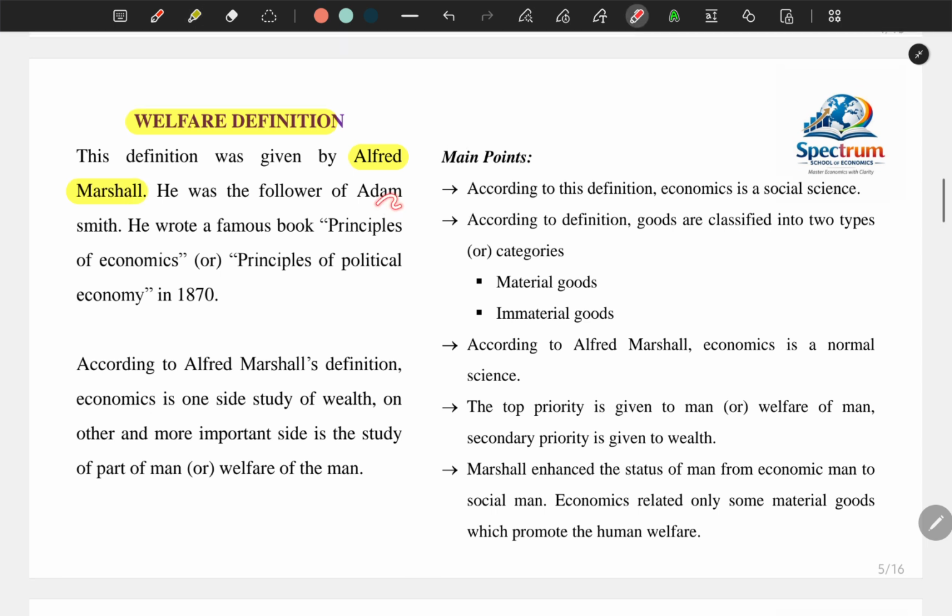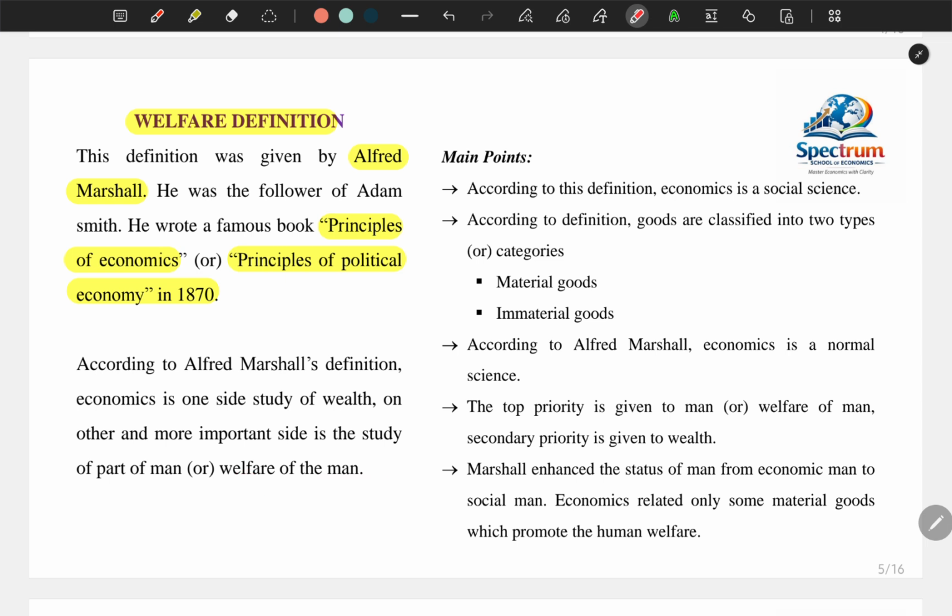He was a follower of Adam Smith, and he wrote the famous book Principles of Economics in 1890. According to him, economics is, on one side, the study of wealth, and on the other and more important side, the study of man or the welfare of man.